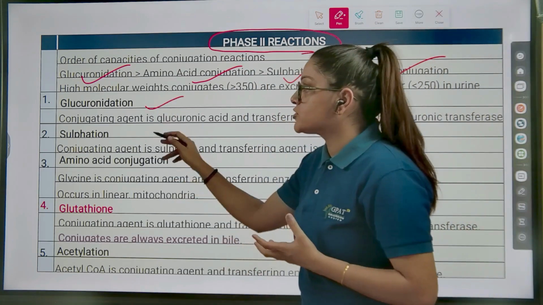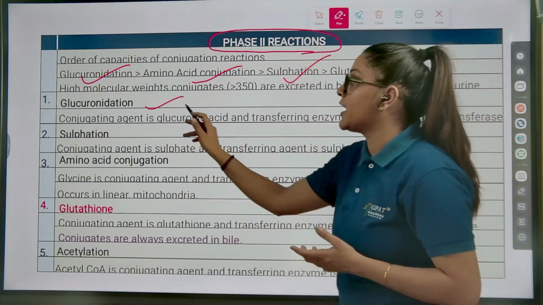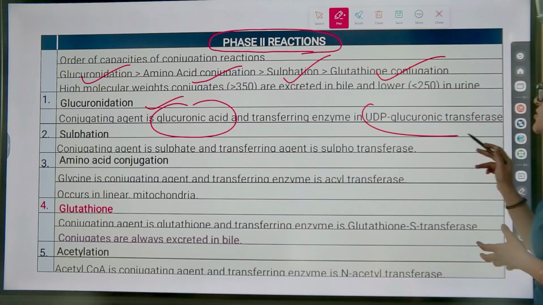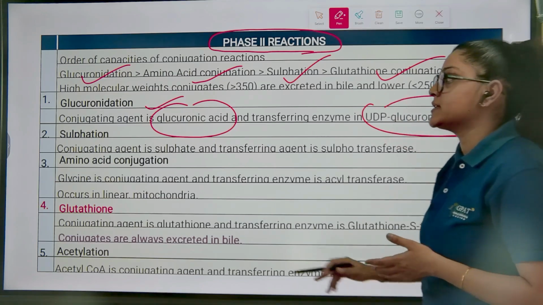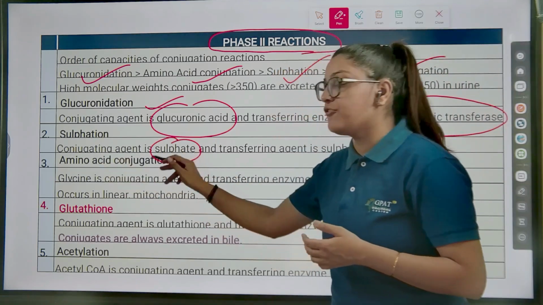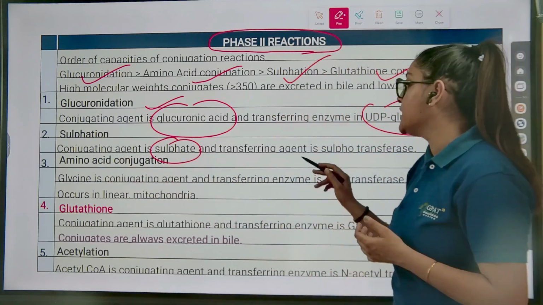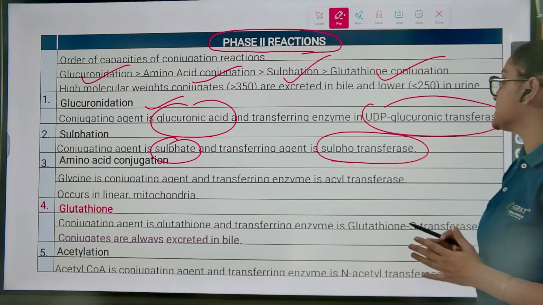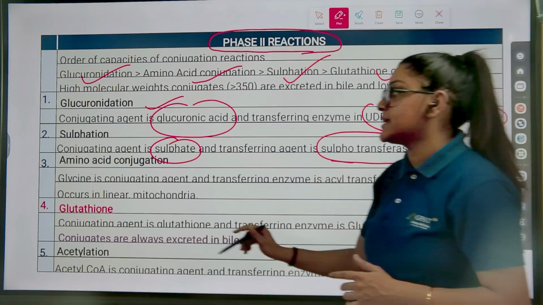So I have told you that in glucuronidation we have glucuronic acid as the conjugating agent and the enzyme is UDP glucuronic transferase. In sulfation we have sulfate as the conjugating agent. The transferring enzyme will be sulfotransferase. From the name itself it is clear. So we have a different transferase enzyme for each.